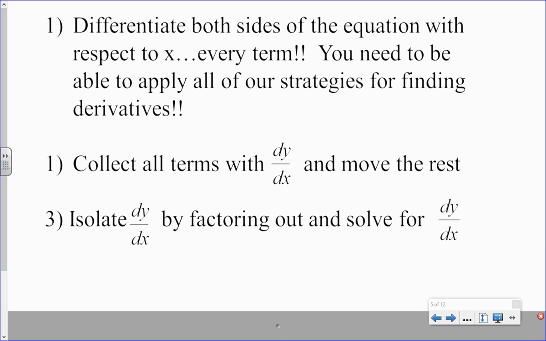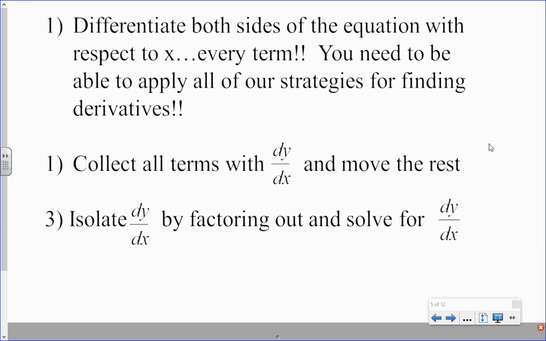On the side with all of your dy dx's, if there's more than one term with a dy dx, we'll need to factor dy dx out and divide the rest over so that we can actually solve for dy dx.